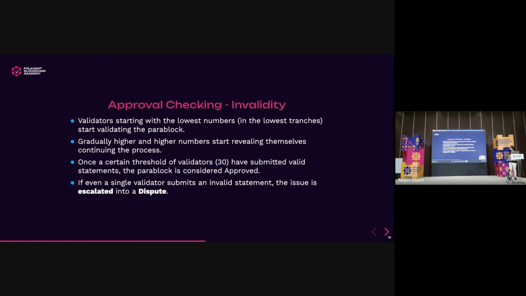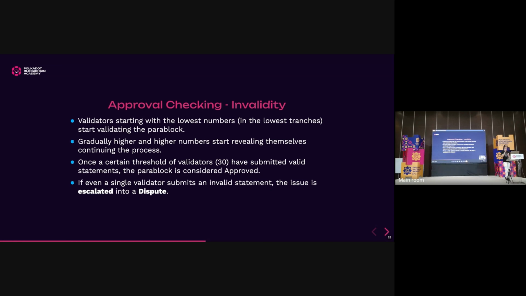And the answer is, yes, we are sacrificing some security, but assuming 1/3 of the validators are malicious, this is our Byzantine assumption, the chance that all 30 are malicious is 1 in 200 trillion. It doesn't immediately look like this, but it's just 1/3 to the 30th power. All of them would have to be malicious. And 1 in 200 trillion, I think, is a pretty good confidence margin.